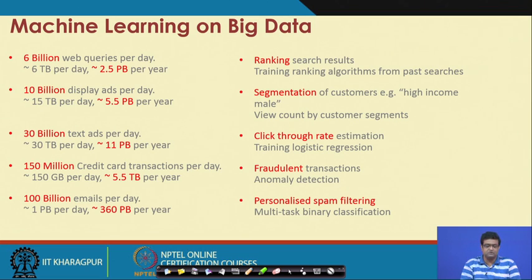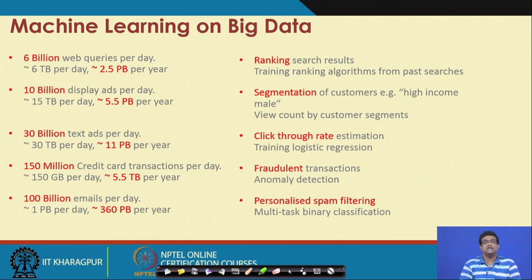And then you may want to show to the advertisers how many of your display ads were shown to high income males. Okay. So, this is called the problem of customer segmentation. So, this is again a machine learning problem. Okay. And it has to be done on huge amounts of data because of the nature of the problem.